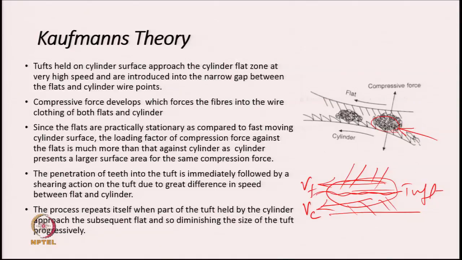The part which remains on the cylinder will move forward and it will be introduced into the subsequent cylinder flat zone, and again the same compression will take place on the tuft, and the same process will repeat.